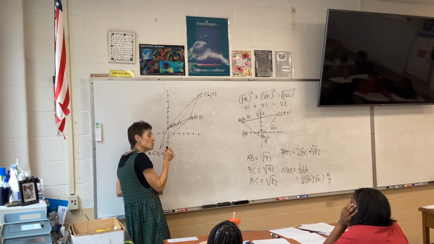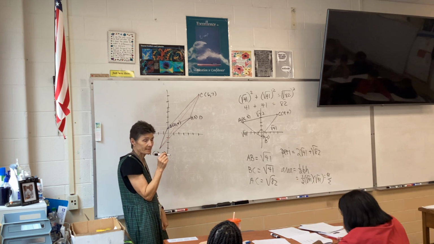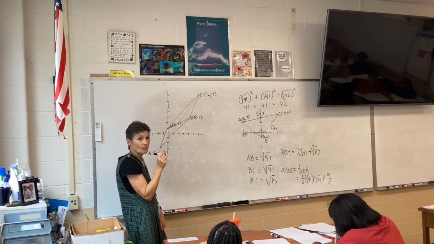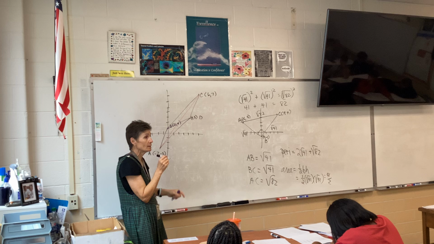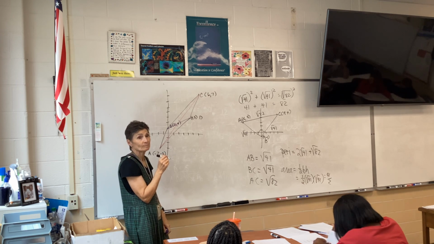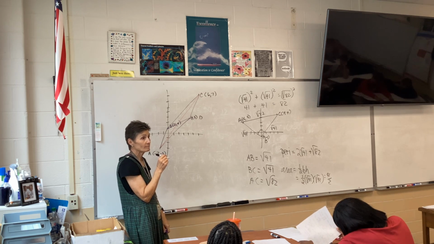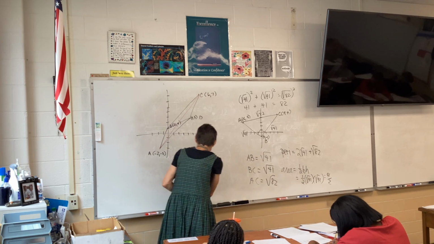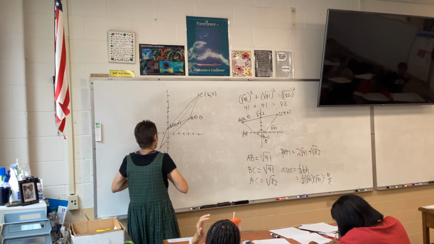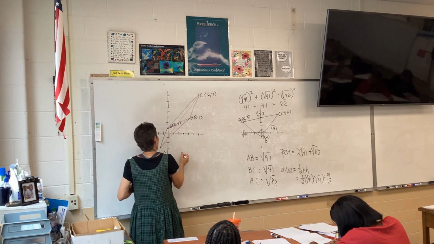So to prove these things bisect each other, could we find the midpoint of red and the midpoint of purple and see if they match? Yes. Got it? Then do it. Midpoint of red. How do we find midpoint? Remember, midpoint is average.